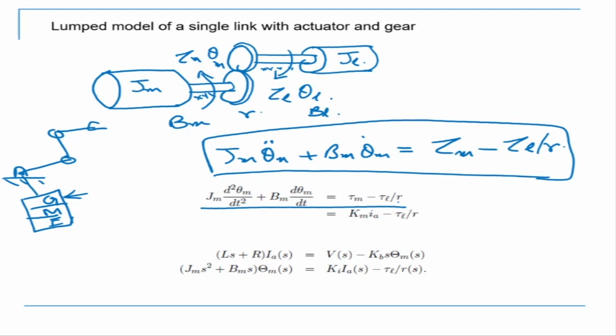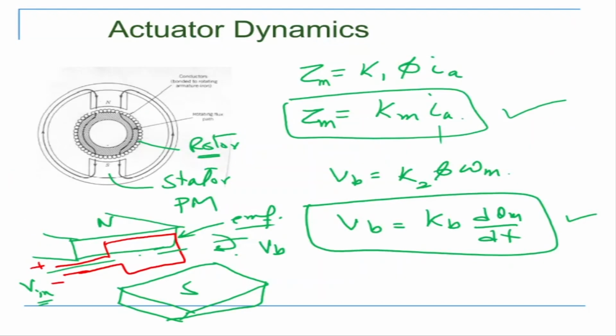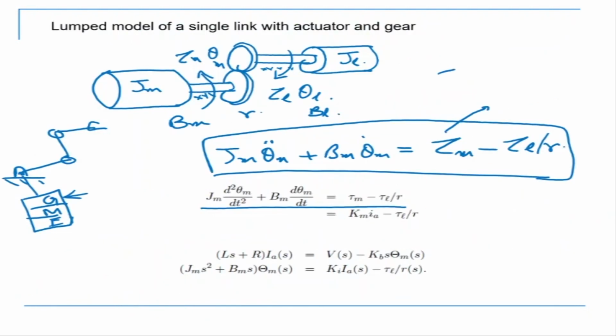Now, in the previous equation, we saw that tau m, what was tau m? Tau m was equal to Km into Ia, armature current. So I replace this tau m by Km into Ia, and from here I get this equation.